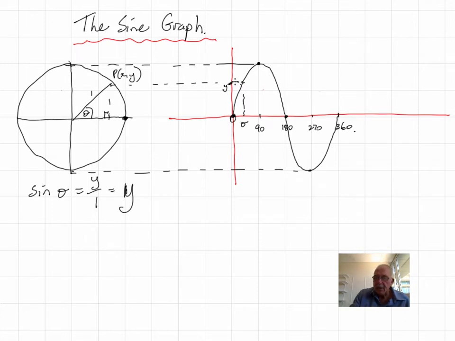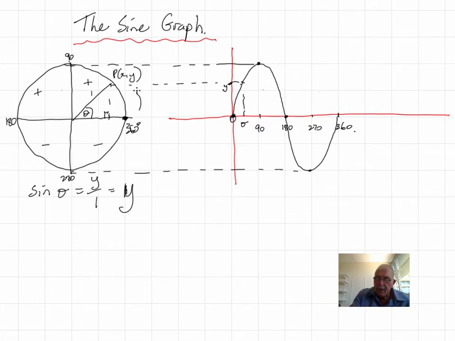You can also see that sine is positive here and also positive there, and it is negative there and negative there. Between 0 and, this is 90, 180, 270, 360, you know that between 0 and 180 sine is positive, and between 180 and 360 sine is negative.